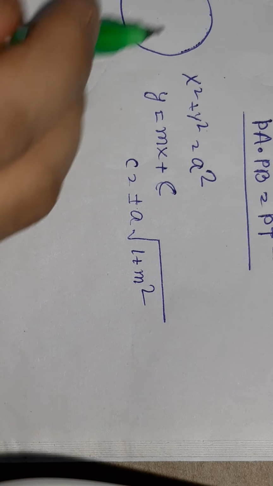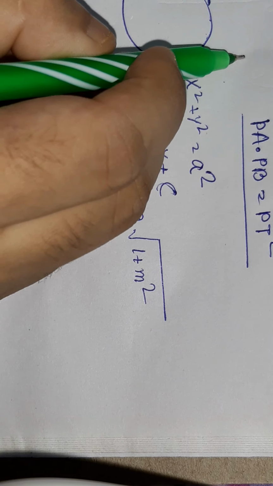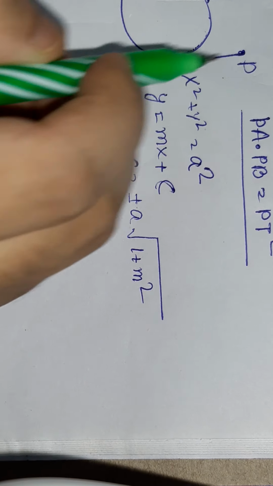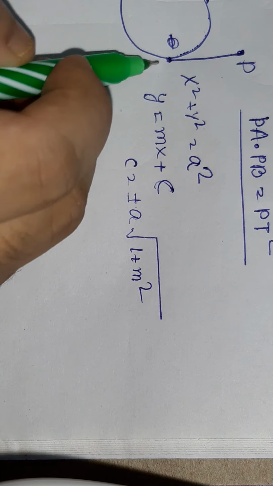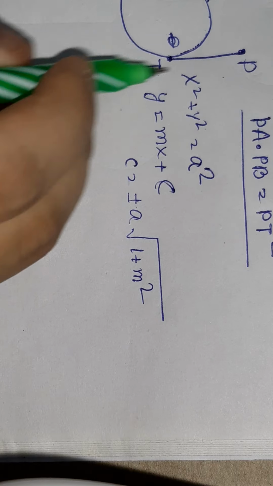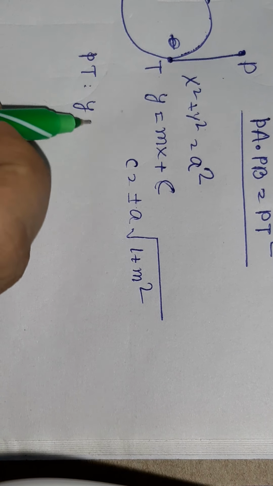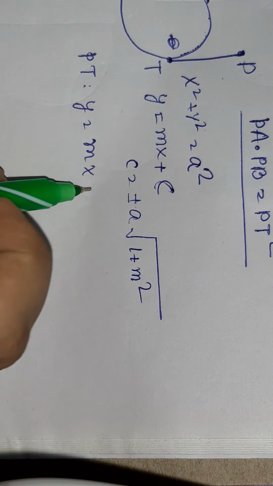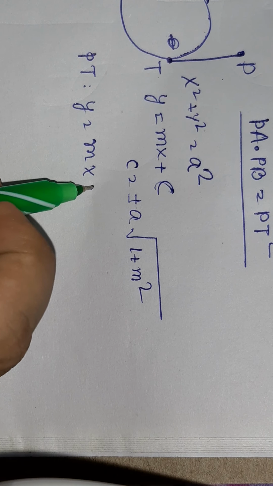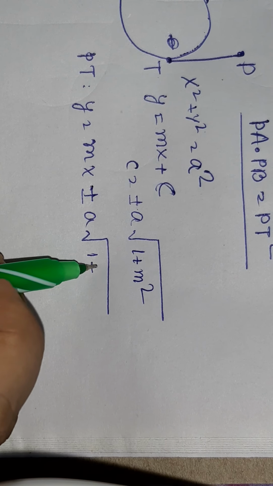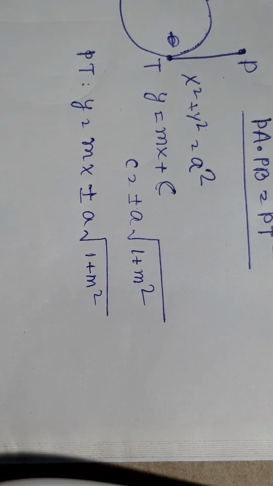Like if this is the tangent line, with P and T, then the equation of this tangent line will be y equals mx plus c, where c satisfies c equals a into root of 1 plus m square.